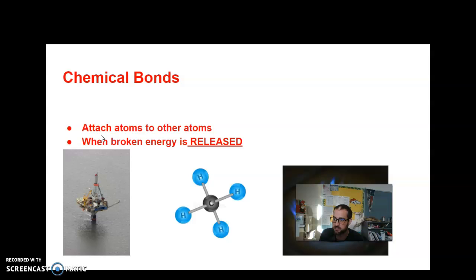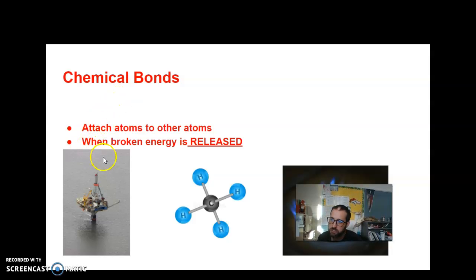I mean, what they say they are. So they attach atoms to other atoms. So you could think of it as like a nut and a bolt that hooks something together. You could think of it as like super glue. You could think of it as like a rope if you want to. The bottom line is that it's a bond, so it hooks other atoms together with other atoms.